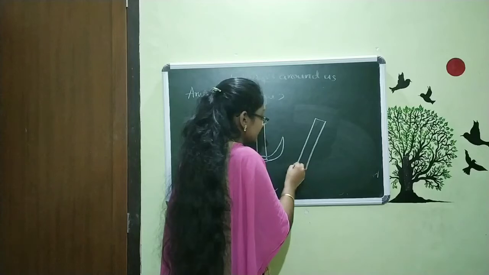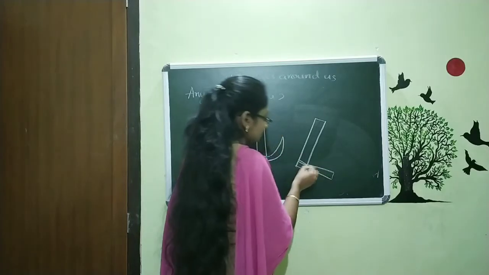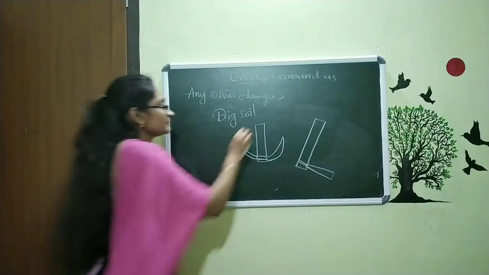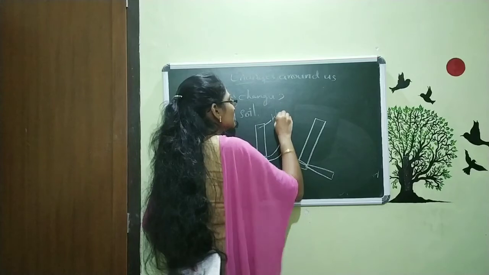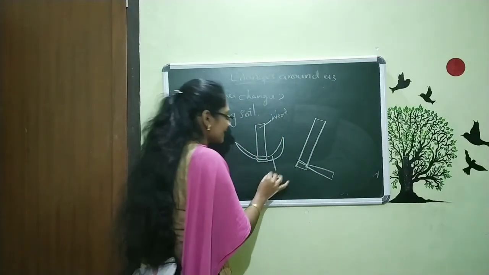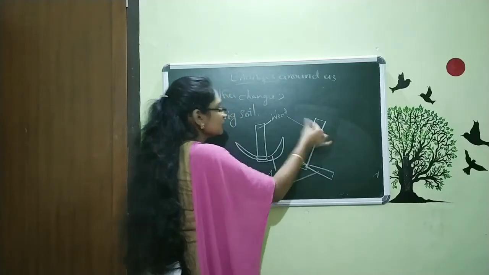Different types of tools are there. So normally this will be wood and this is any type of metal, iron or something. This is also iron and this is also wood.